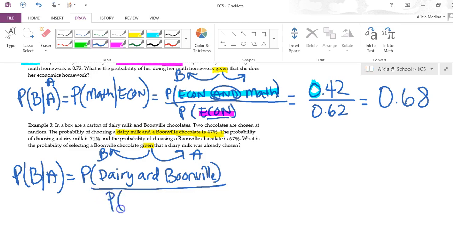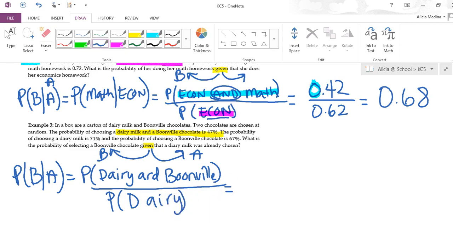At the bottom is going to be the probability of the second event, which is A, and that's just going to be dairy. D-A-I-R-Y. There we go.